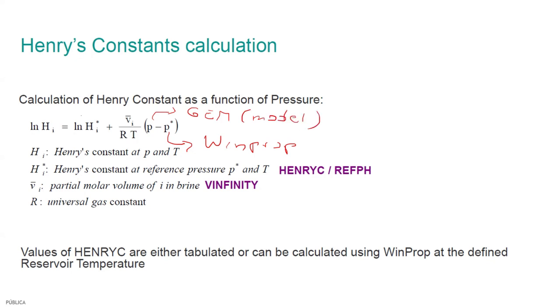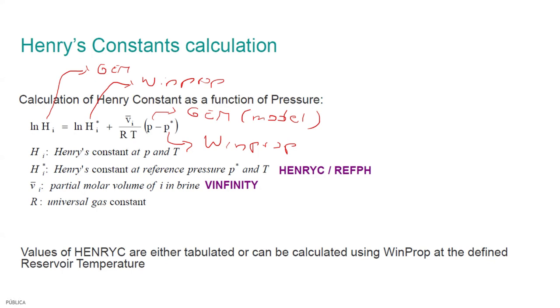The H star comes from WinProp, which was calibrated for the P star, and in the GEM simulator we will use this to keep it up to date with the new conditions that you want to simulate your process. Okay, is it clear? Yeah, just a little confusion about it.